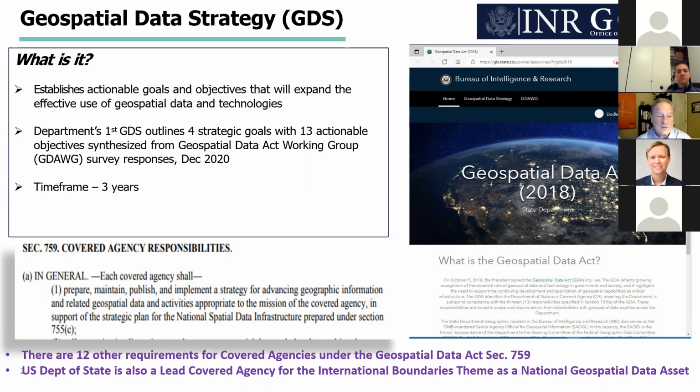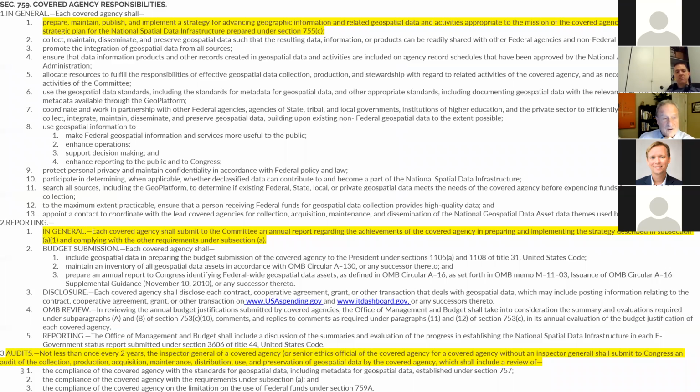And so we have to go through similar processes and procedures to make sure that the data set that we are responsible for, international boundaries, is published on the U.S. government geo platform in a way that is easily discoverable, downloadable, and consistent, and can be used across all government agencies.